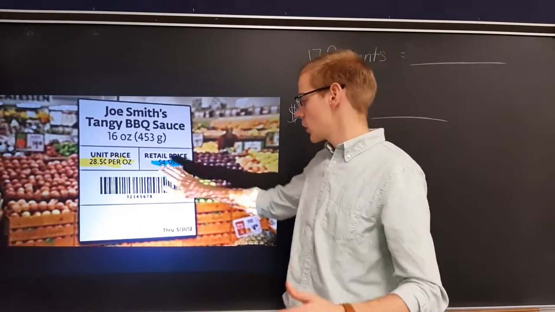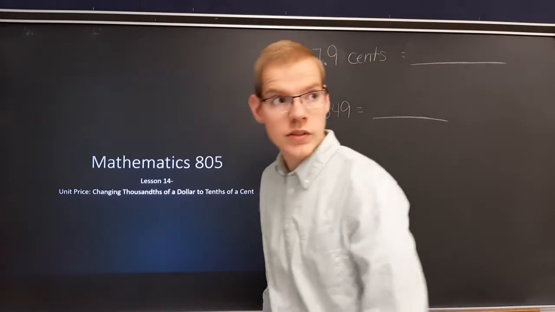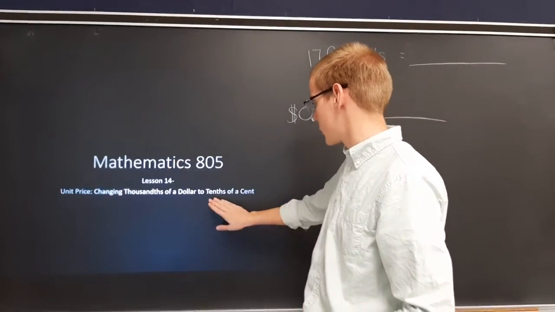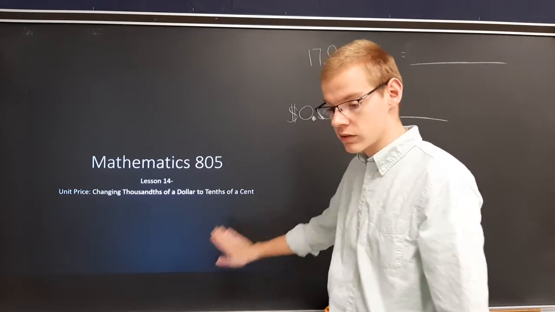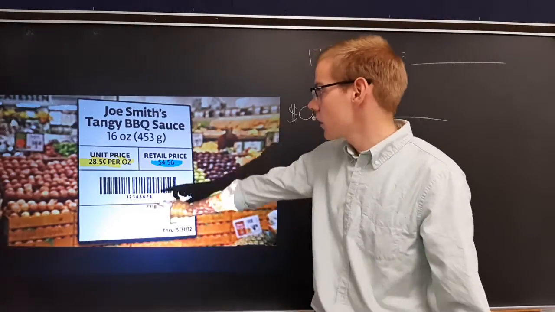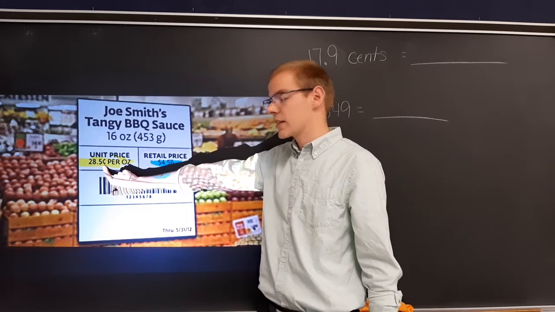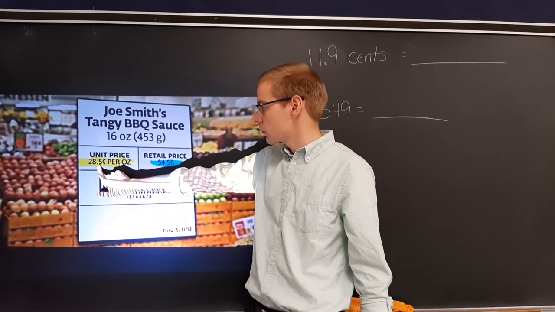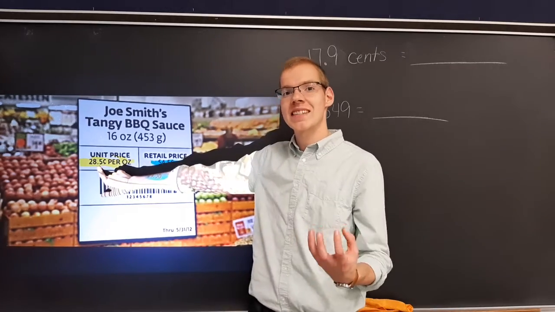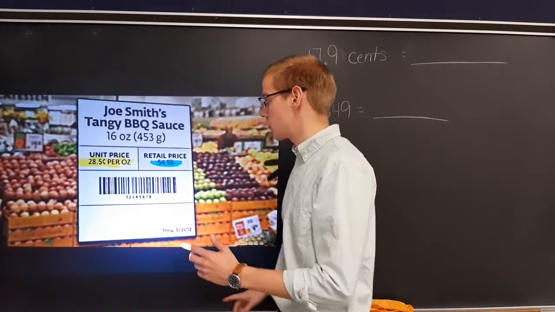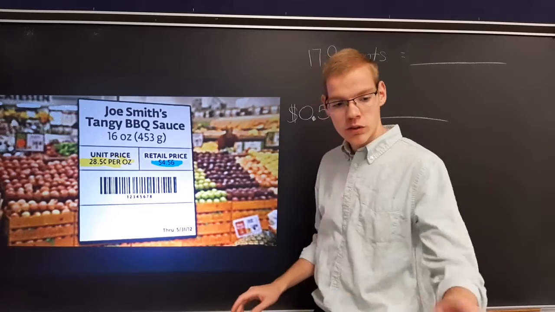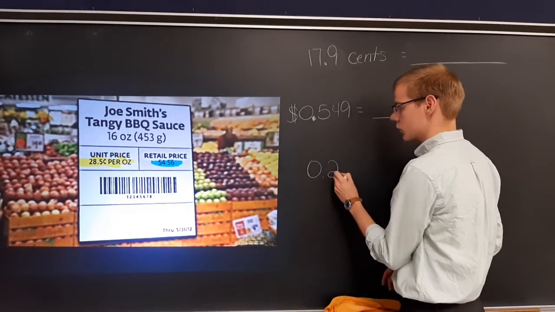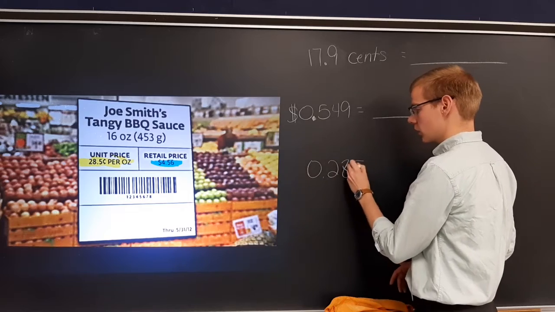Now, if we want to change, as the beginning of the lesson was saying, to tenths of a cent, we see there are cents there. So then we have our 0.5 here, which is tenths of a cent. For dollars we would have 0.285.